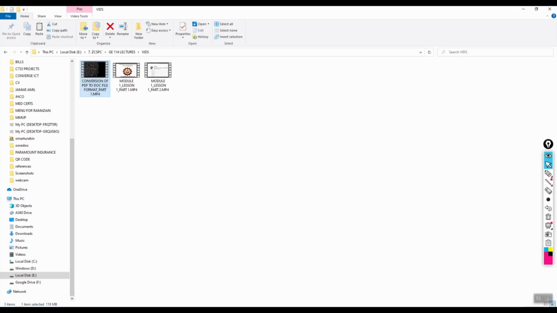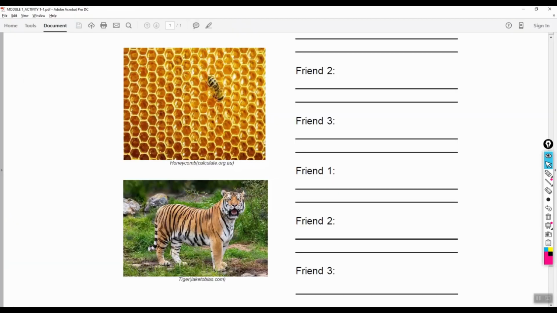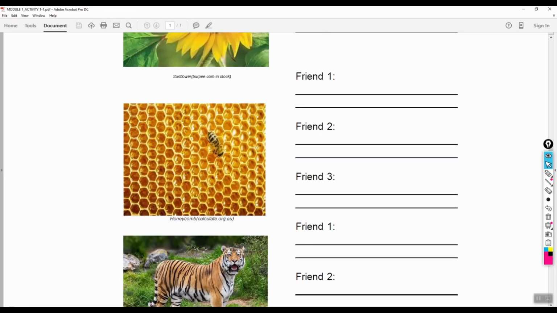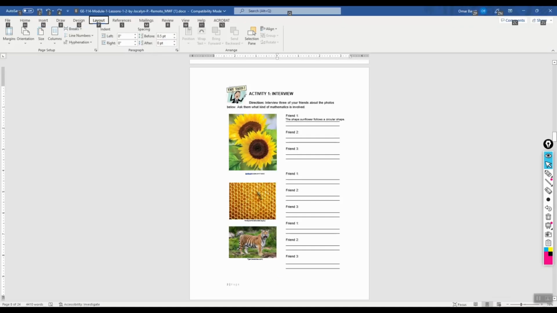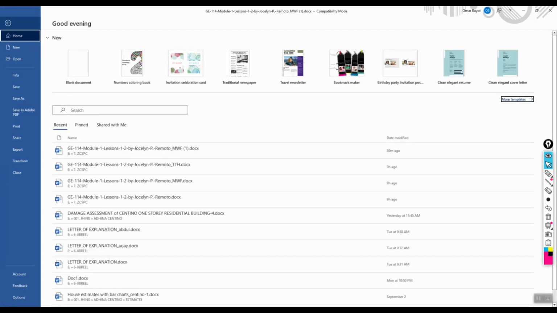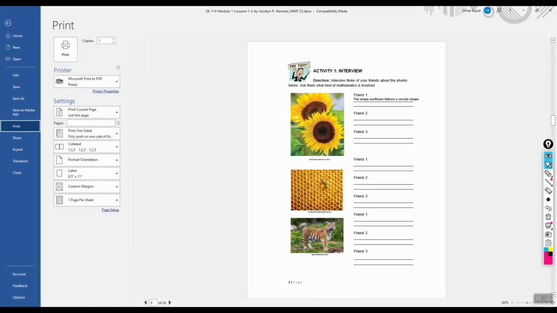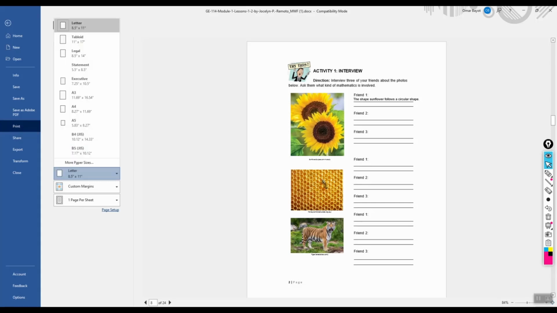And second correction also, the setup for the printing of this activity, you need to follow, rather, let's go to Microsoft Word. Make sure that when you print it, sorry for the previous video, I said change the paper size to A4.